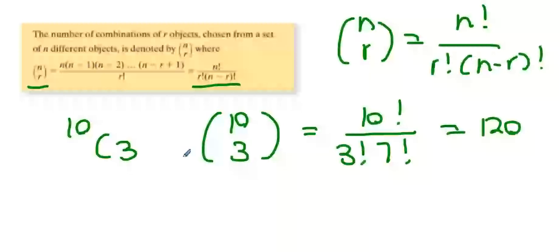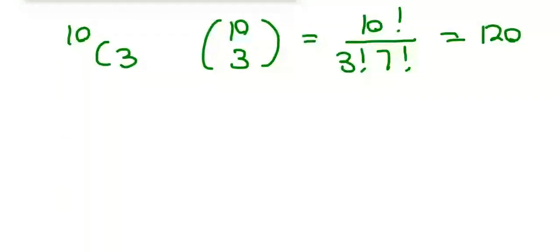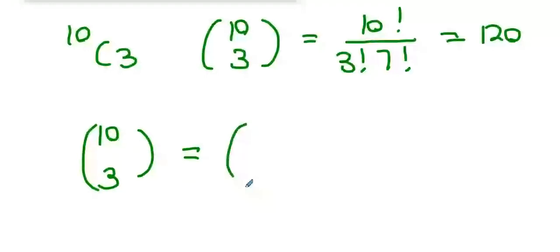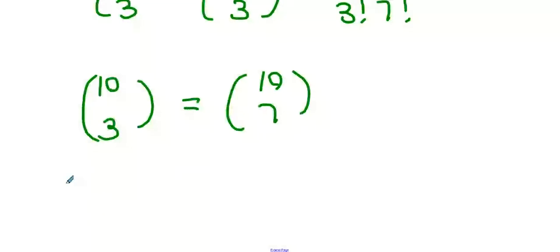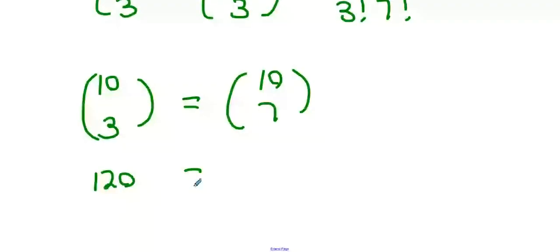Next thing you're going to notice is the following. I'm going to write down something. Can anybody get 10C7 for me? Just 10C7. And are they equal to each other? What's 10C3? What's 10C7? Have you checked the calculator?